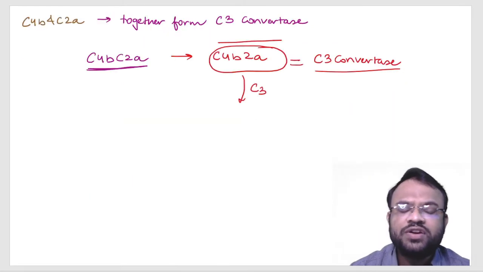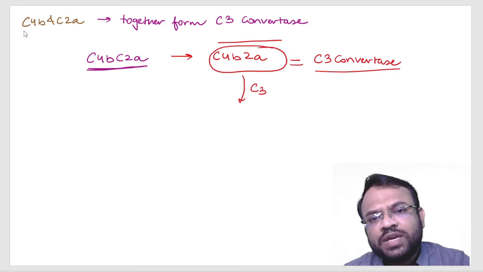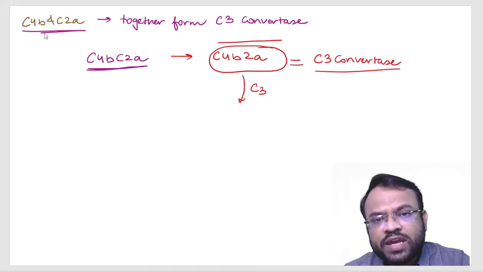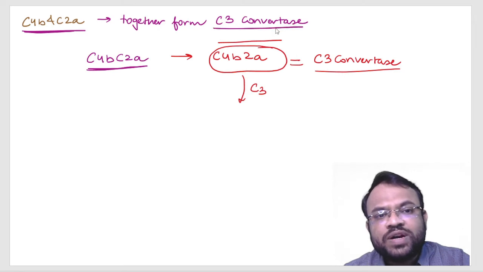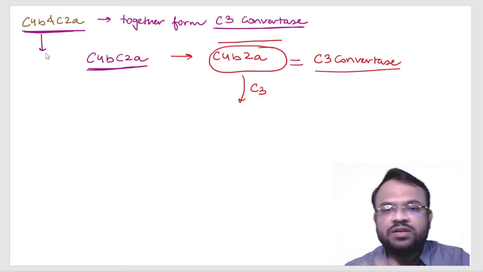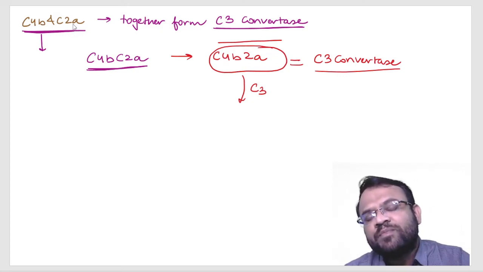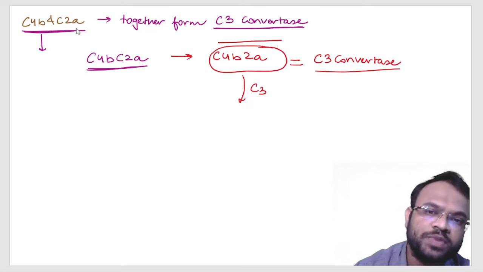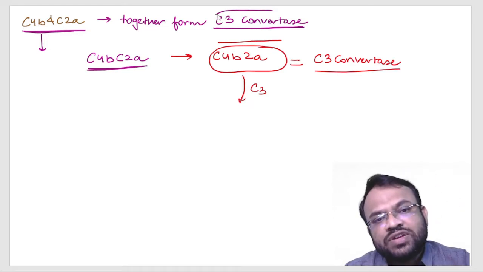So if we return to our discussion, C4B and C2A together form the C3 convertase. C4B will stay over here and C2A will also stay over here. So the combination of C4B and C2A together is called C3 convertase. This is important.